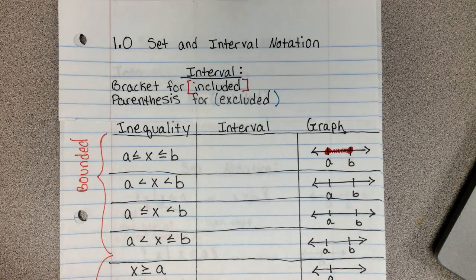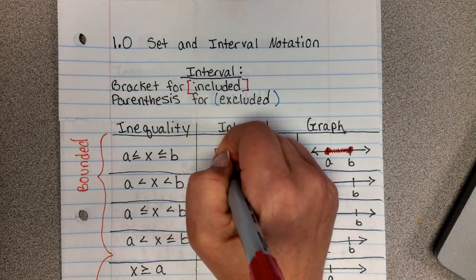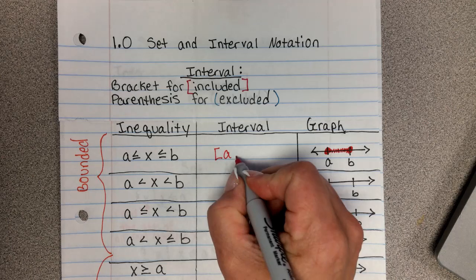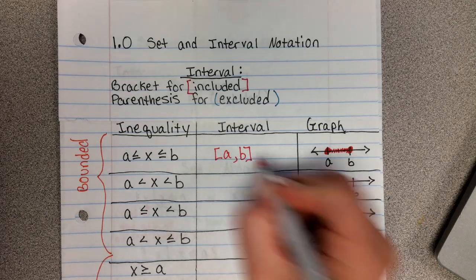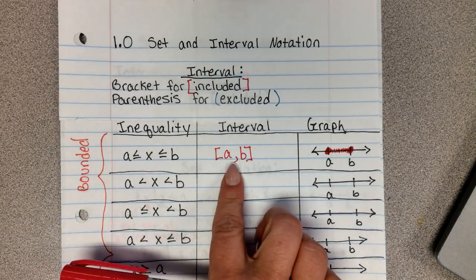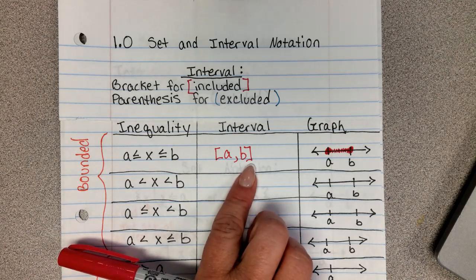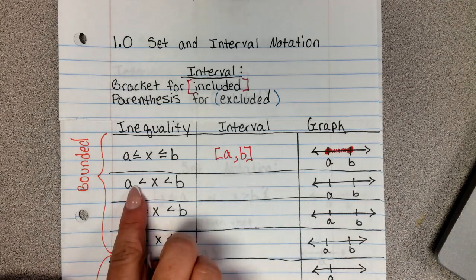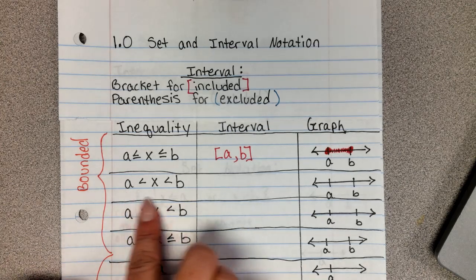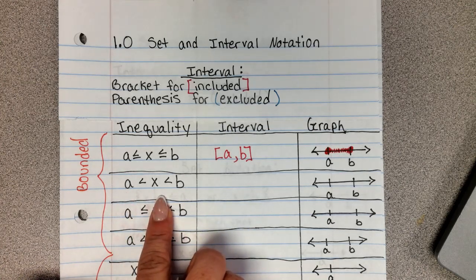The way you write that with interval notation is a bracket next to A, comma, and then a bracket next to B, saying everything between A and B, including the value of A and the value of B.